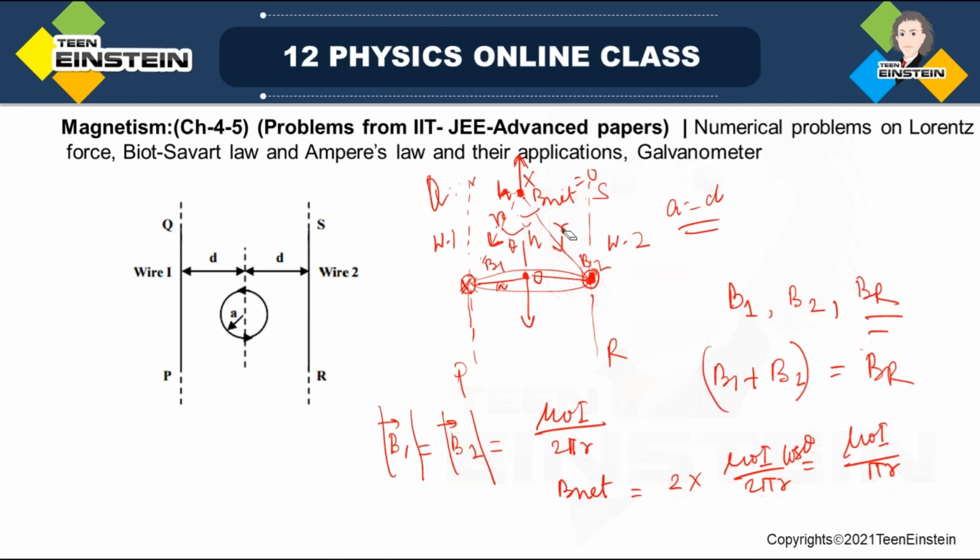Okay, so this is how we get the magnetic field due to the ring. And now look, I'll just write down whatever we get.